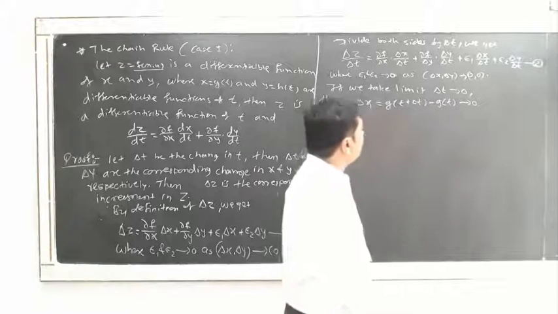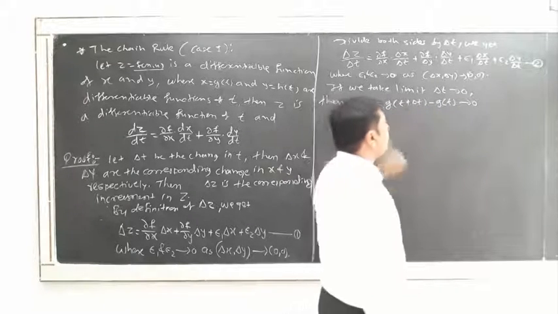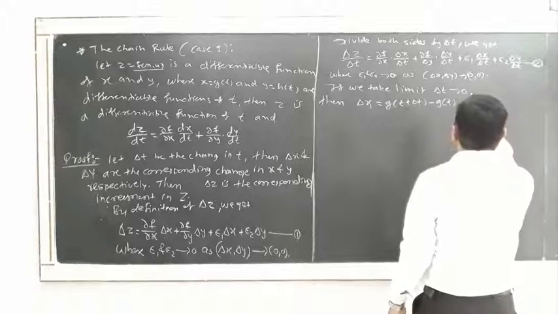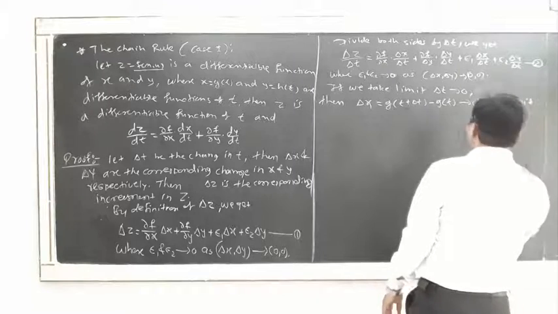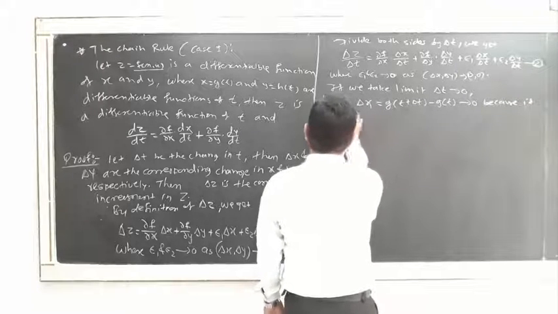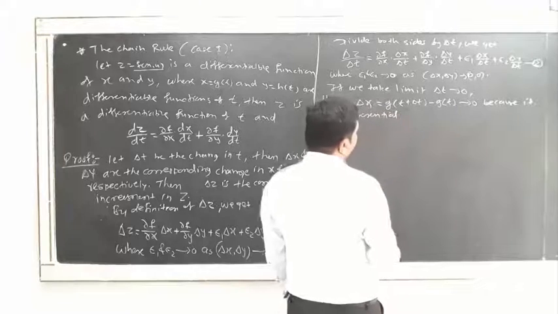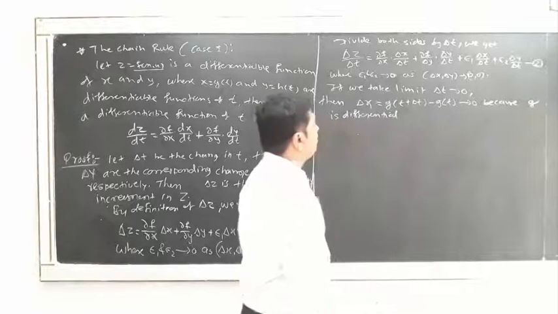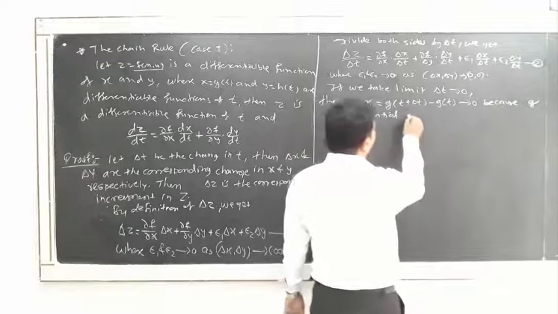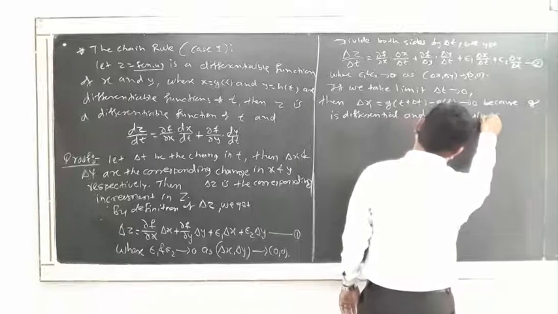This increment tends to 0 because g is differentiable and hence continuous.